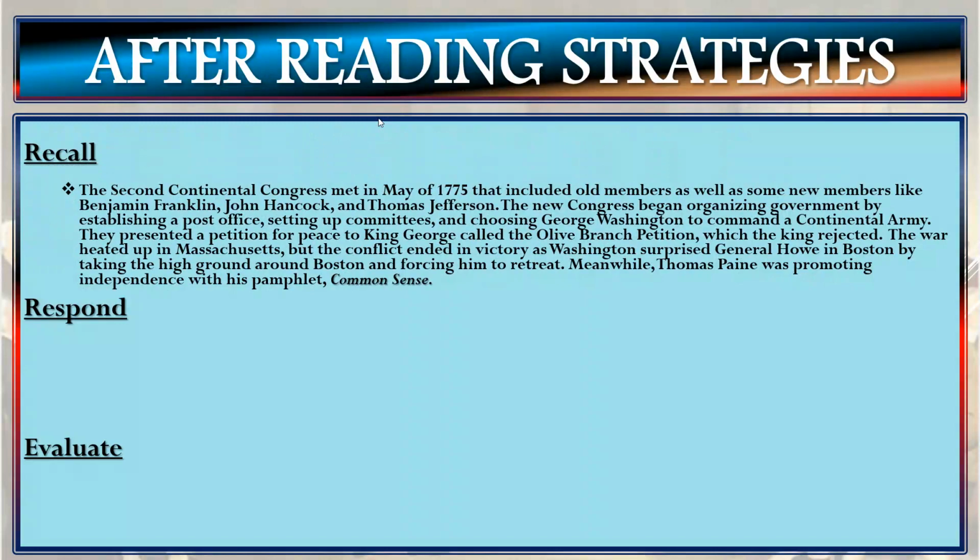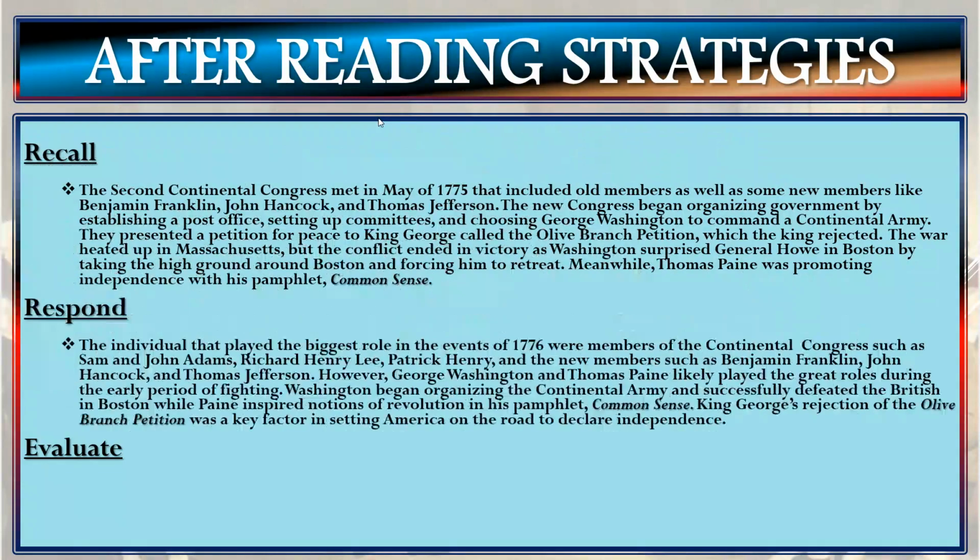They presented a petition for peace to King George called the Olive Branch Petition, which the king rejected. The war heated up in Massachusetts, but the conflict ended in victory as Washington surprised General Howe in Boston by taking the high ground around Boston and forcing him to retreat. Meanwhile, Thomas Paine was promoting independence in his pamphlet, Common Sense. I think that's a complete review of this entire section.